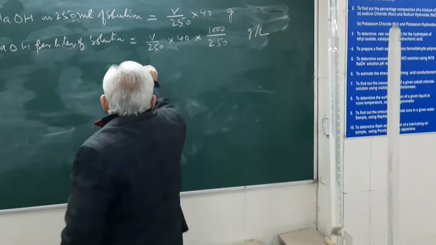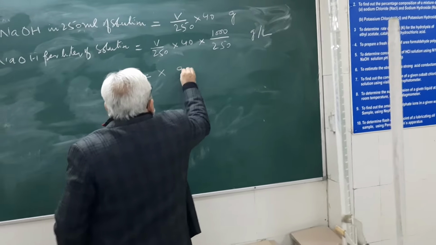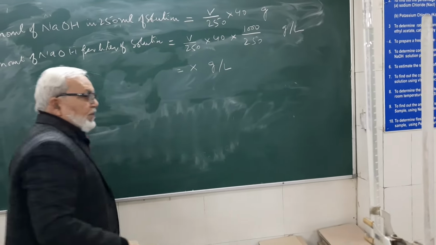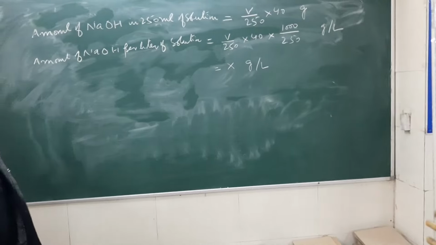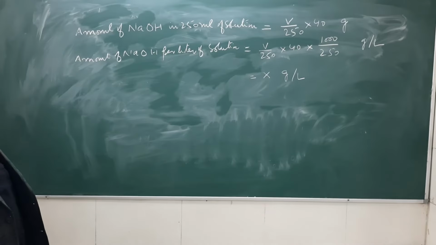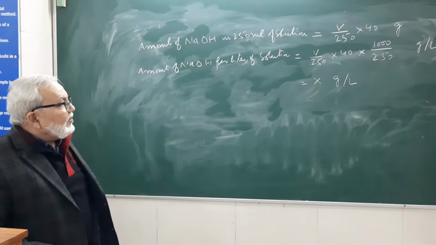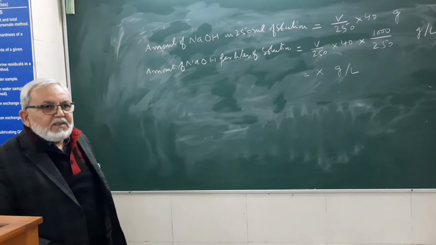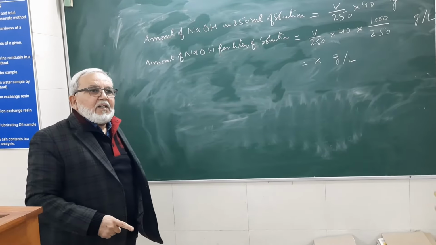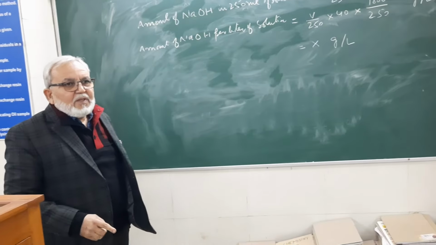Let it be equal to X gram per liter. So this is the strength of sodium hydroxide in the given mixture.